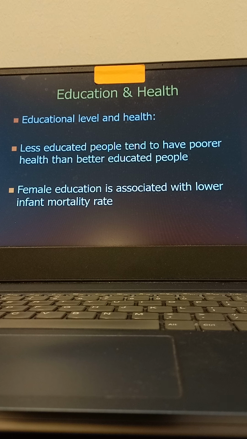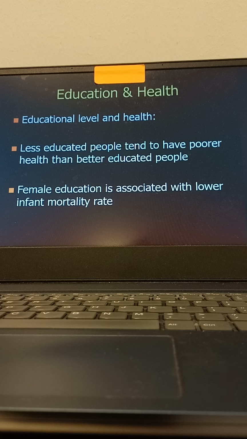Education and health. There is a link between educational level and health. Typically, less educated people tend to have poorer health than better educated people. Better educated people are more aware of healthy lifestyles, exercising. They are better able to afford nutritious foods, live in good quality housing, etc. And researchers have also found that female education is associated with lower infant mortality rate, or deaths of infants under 1 year of age.